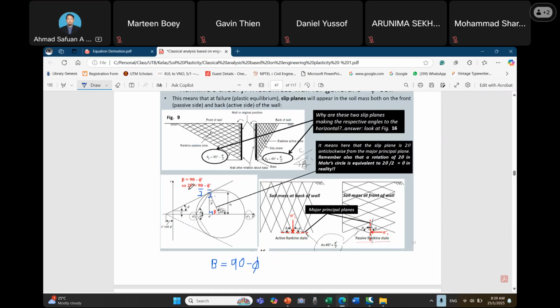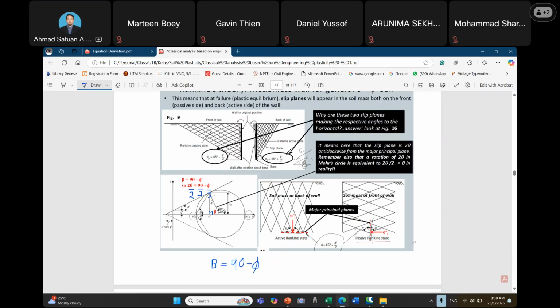Then it represents theta. So when we put in the reality conditions, theta becomes 90 over 2 minus or plus phi over 2.